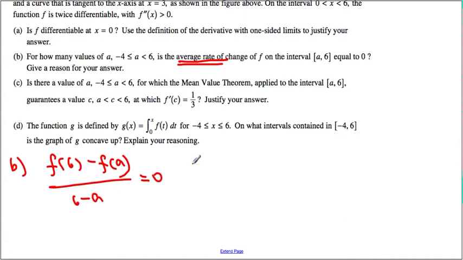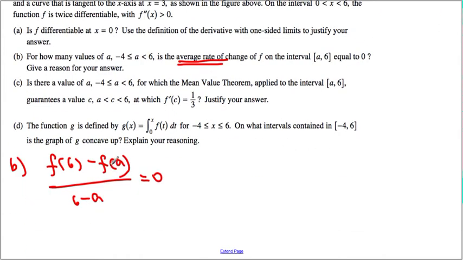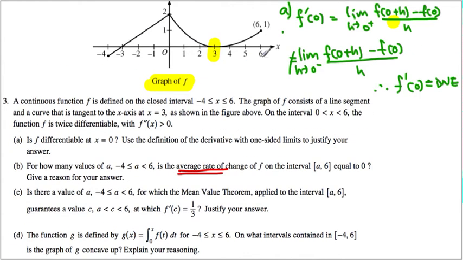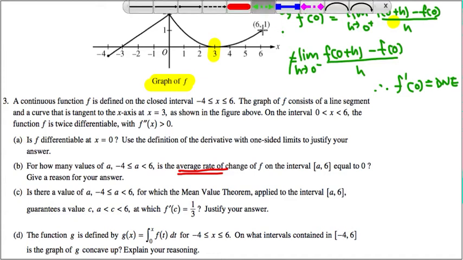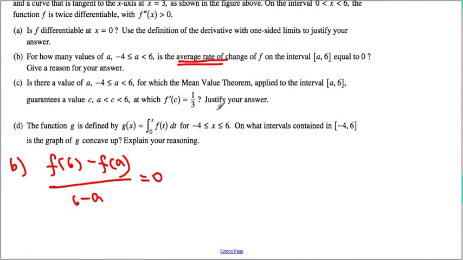Now, in this case, since f of 6 equals 1, how many values would have f of A also equal to 1? If you simply draw a horizontal line, you'll realize that we will have 2 values that would satisfy this condition.